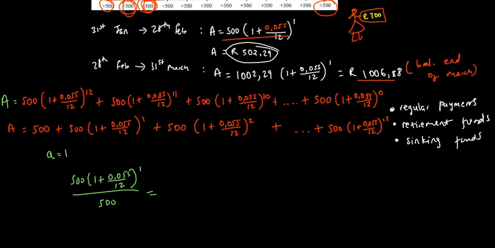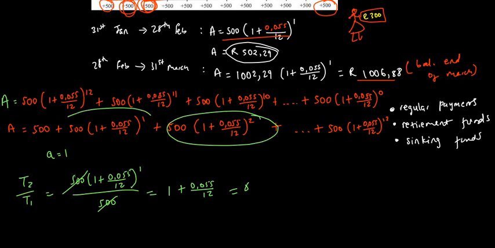The answer that you get there is 1 plus 0.055 divided by 12. Why? This is because this will cancel that. So this is your ratio, your R. Remember T2 divided by T1 is going to give you R. Or you can even try by saying this divided by that. Good people, you are still going to get this R.